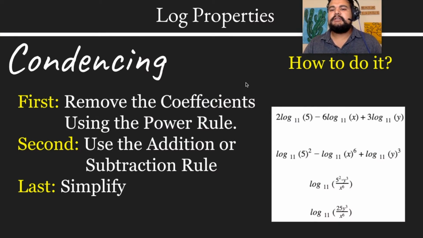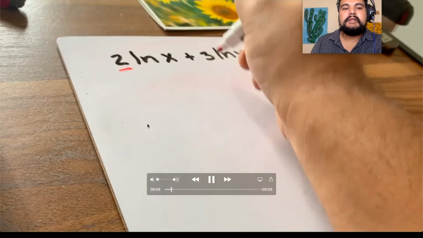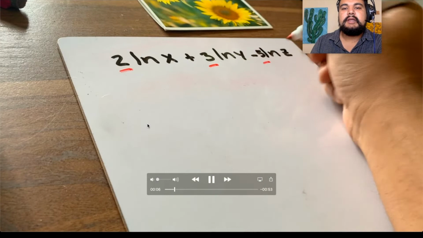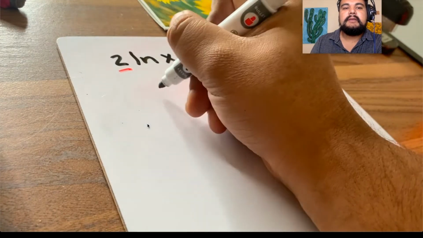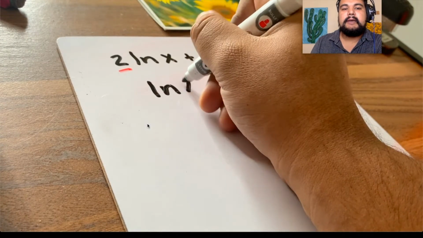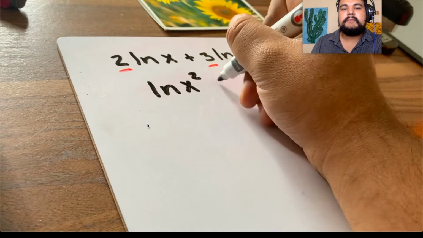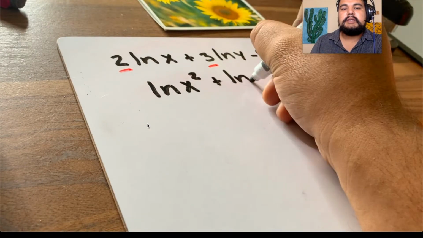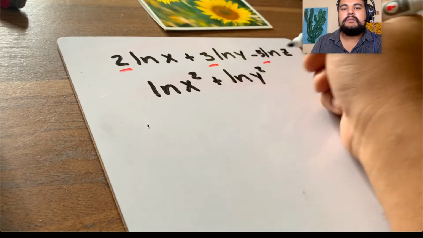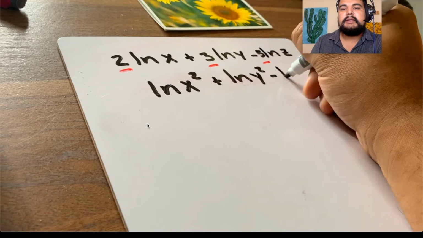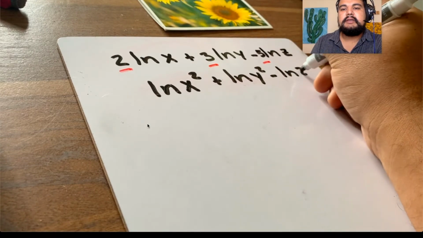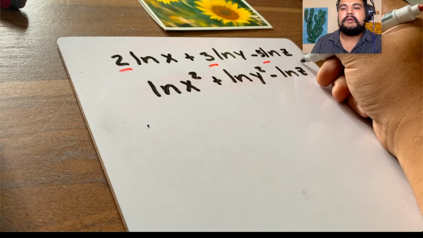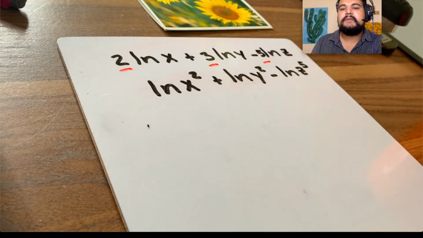Remove the coefficients in front of the logs first. So let's put this 2, -5, and move them up to the power. So x squared, the 3 is ln y cubed, minus ln z to the 5, and of course we're going to ignore the negative because we're going to use it as a subtraction rule.